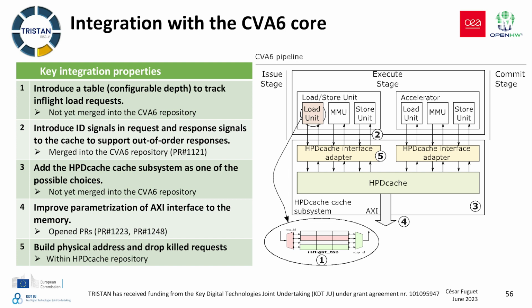And there is also a small adapter between the load store unit of the CVA6 and the cache to adapt the interface. What is important to get from this presentation is that you can adapt this cache to other cores with a given adapter between both of them.